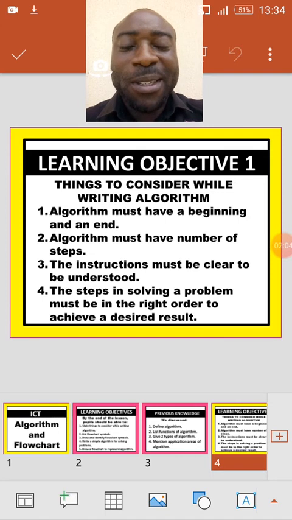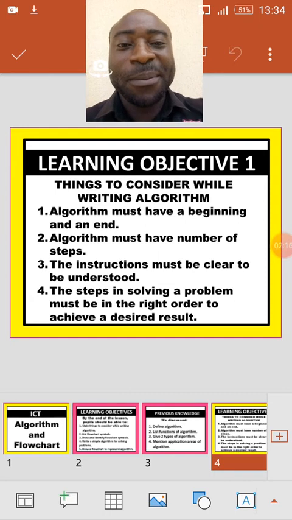Then 2, algorithm must have a number of steps. There must be steps in algorithm, and the steps must be definite. They must be different from one another. Like the examples that we are going to write today, some have 5 steps, while some have 8 steps. And 3, the instructions must be clear to be understood.